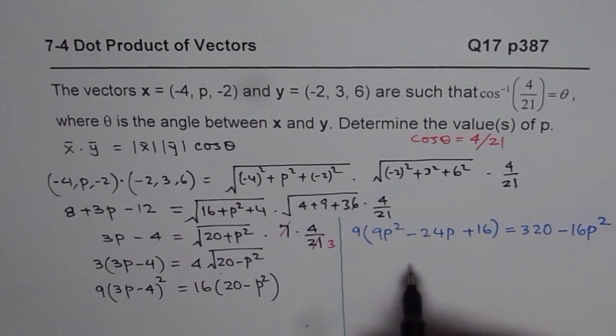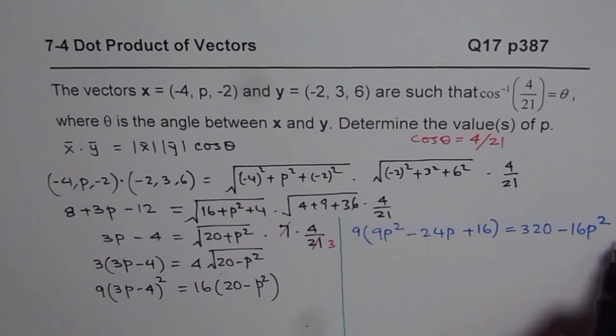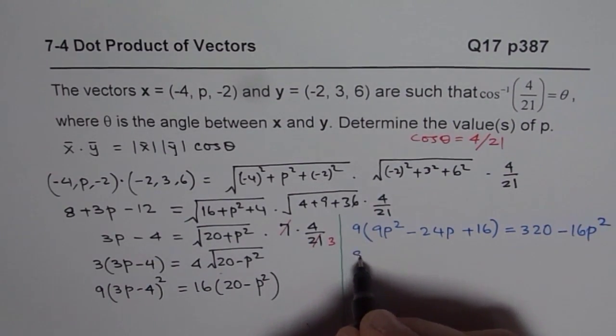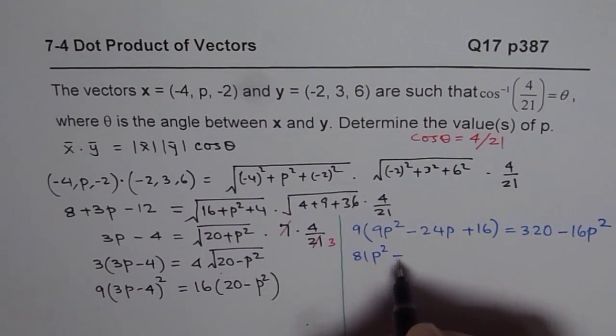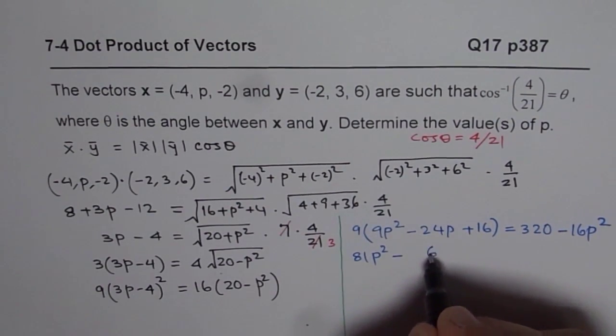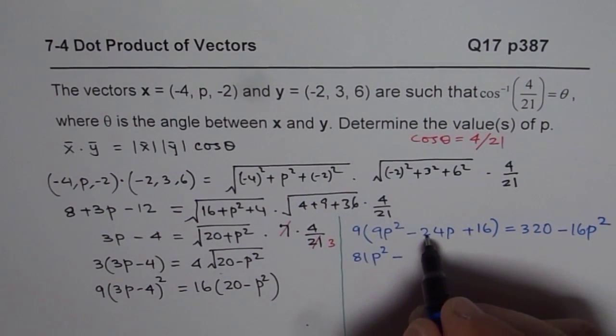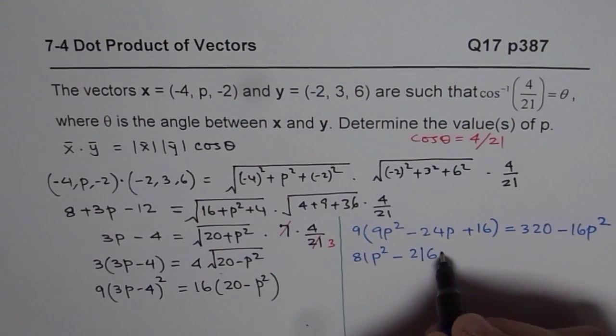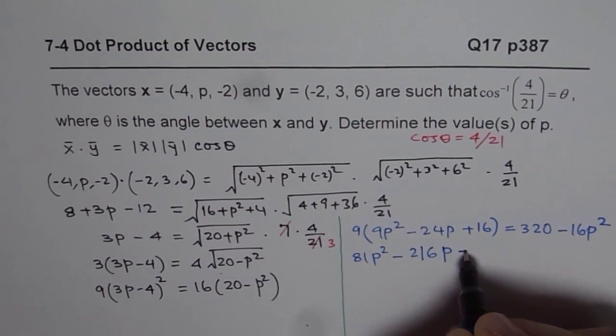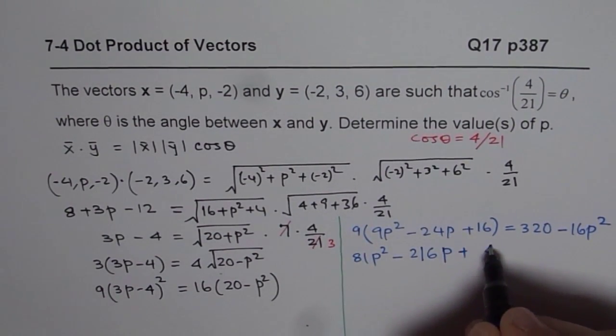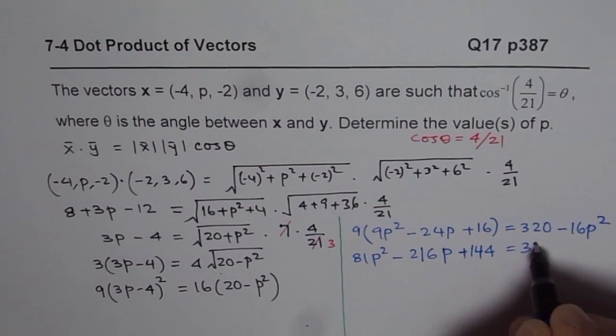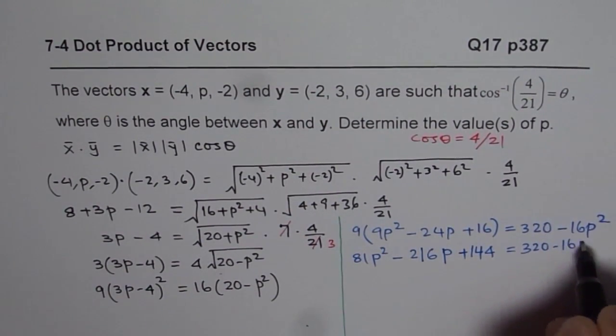Is it okay? So that is what you get. I think you can solve it further. It is 81p square minus 9 times 4 is 36, 3, 9 times 2, 18, and 3 is 21, p plus 9 times 16 is 144, equals 320 minus 16p square.